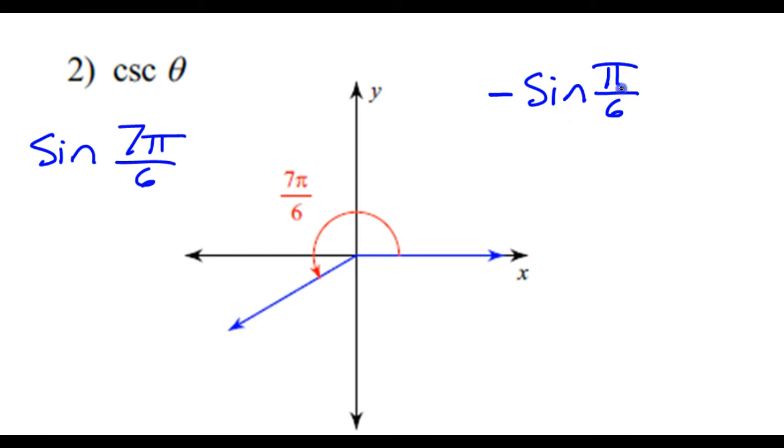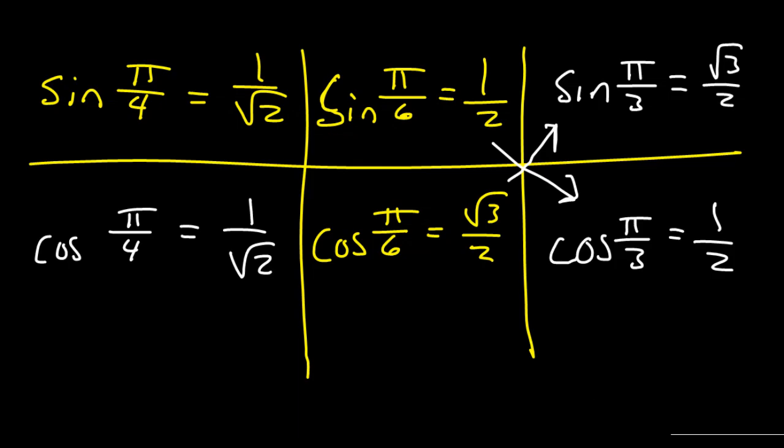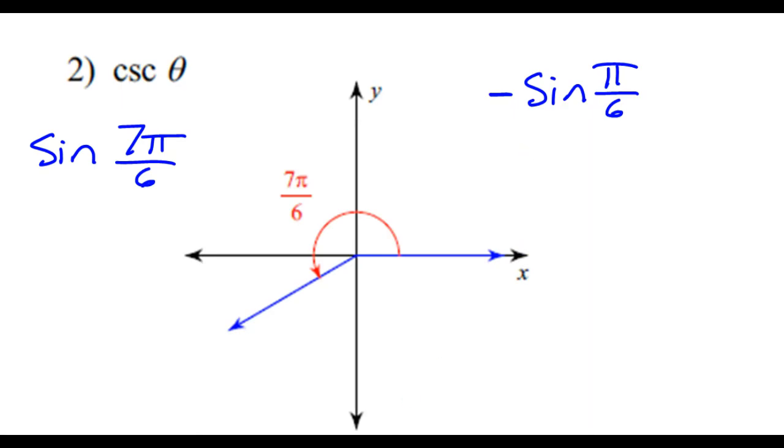Now, sine of pi over 6 we have memorized. It's right here. We just wrote it down. Sine of pi over 6 is 1/2. So that means we have negative 1/2. Now, like I said, cosecant is the reciprocal of this.